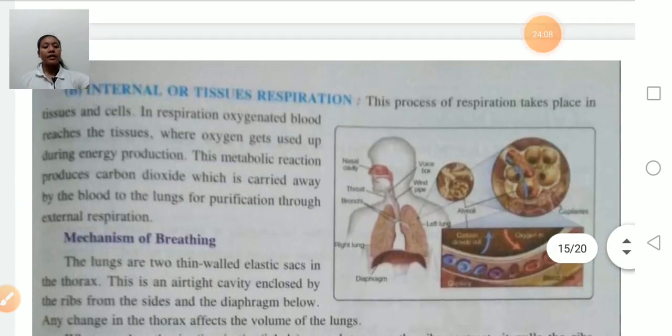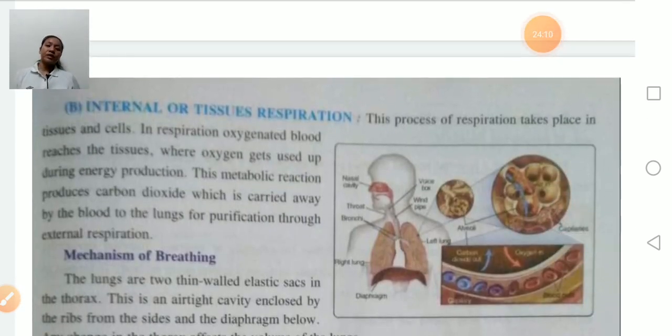In internal respiration, it is between the blood and the tissue. The oxygenated blood reaches the tissue, where oxygen is used up during the energy production. During the energy production, carbon dioxide is produced.